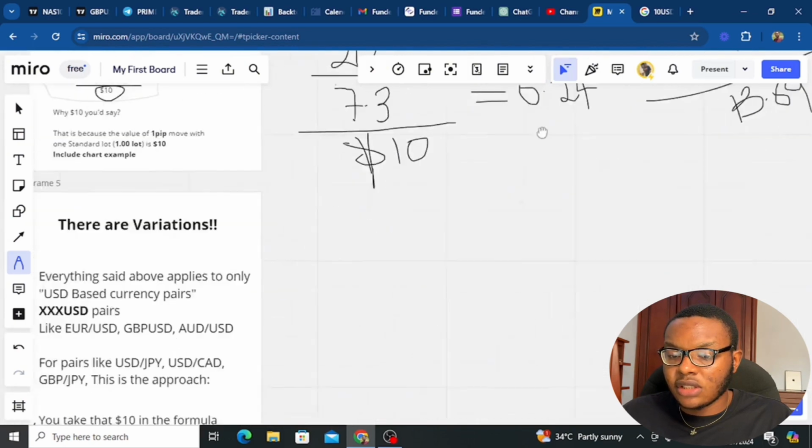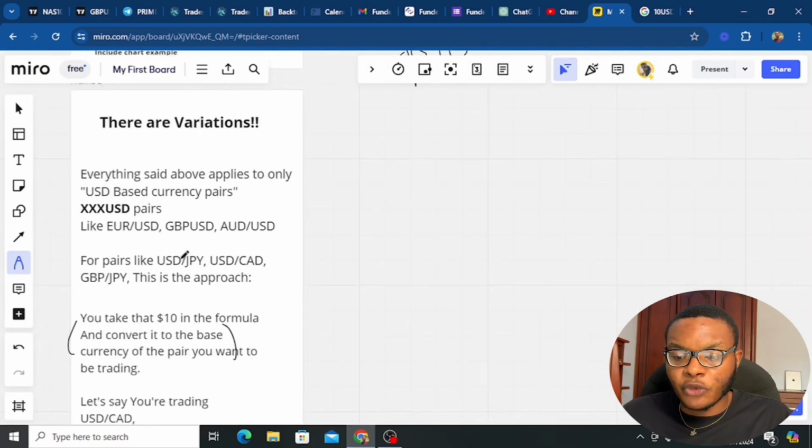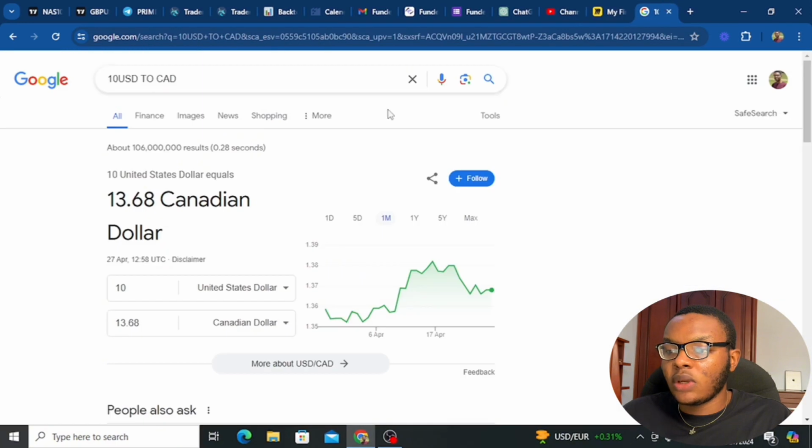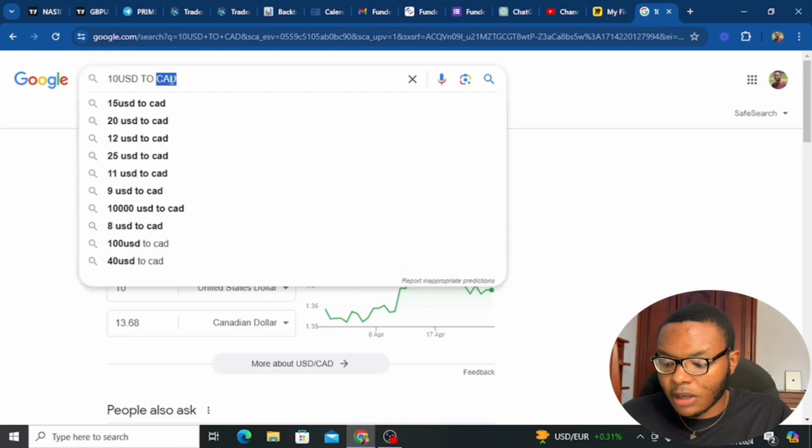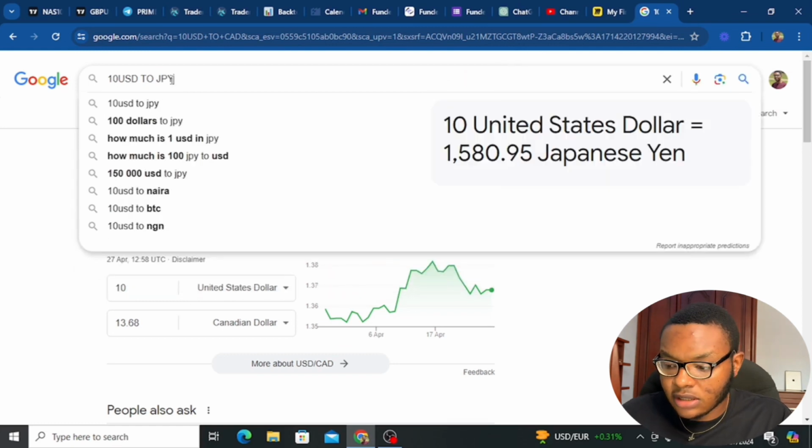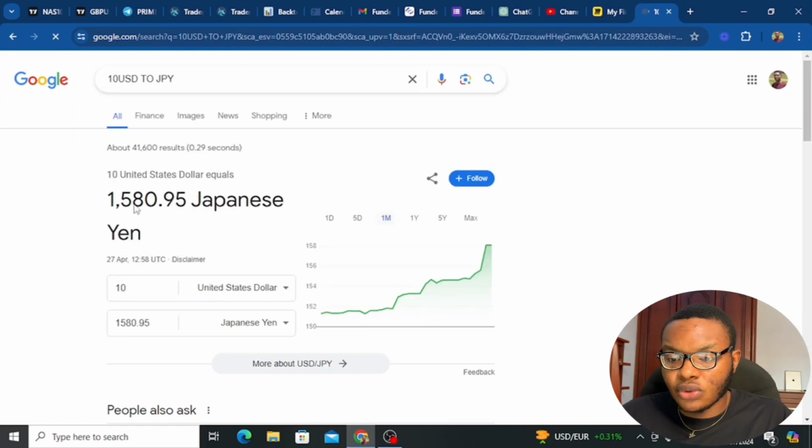So same thing with JPY. You are trading USDJPY. You go quickly and convert 10 USD to Japanese yen, and it gives you what? Are you serious? It's crazy. 1,580.